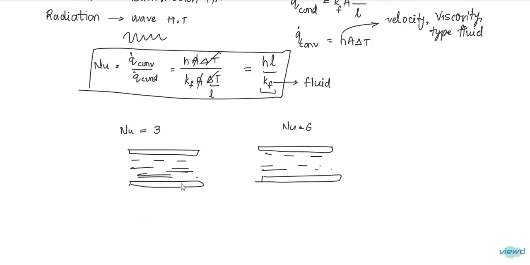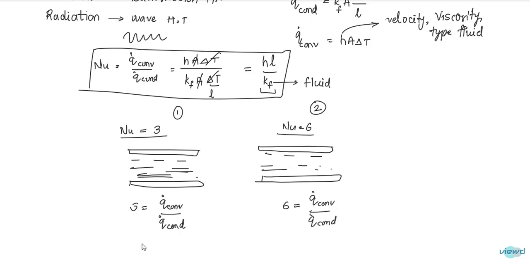In which system, system 1 or system 2, is there more convective heat transfer? From the Nusselt number we can say that. So 3 is equal to Q convection by Q conduction. Here 6 is equal to Q convection by Q conduction. So here Q convection is equal to 3 times Q conduction.